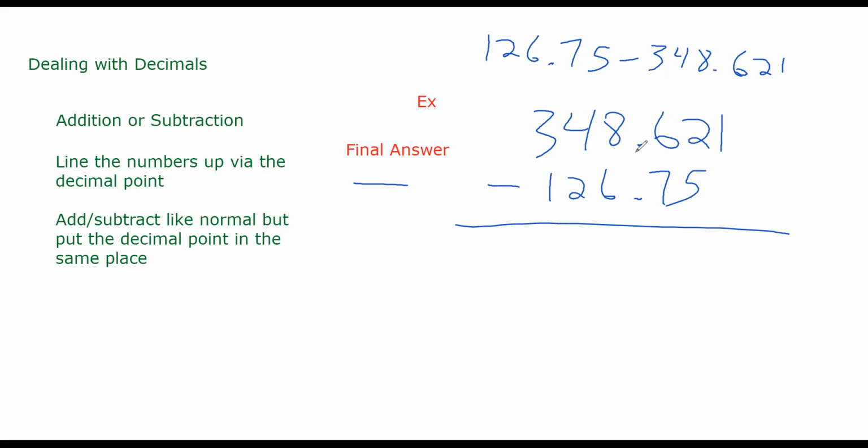Again, make sure your decimal point's lined up and you put it in the same place in the answer. And once you do that, the decimal point is almost just like an afterthought. It's almost like we were subtracting the number 12,675 from the number 348,621, although not quite, we're close.